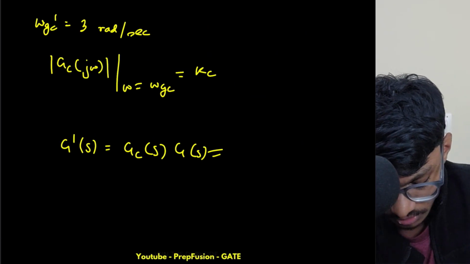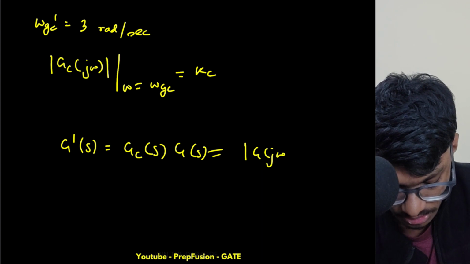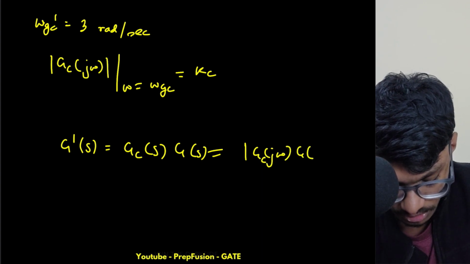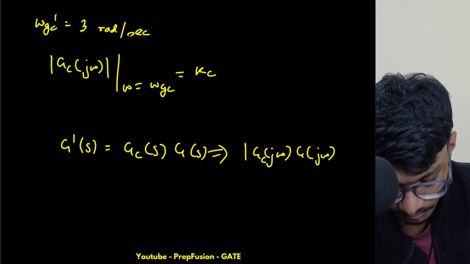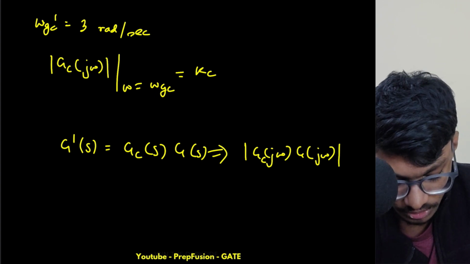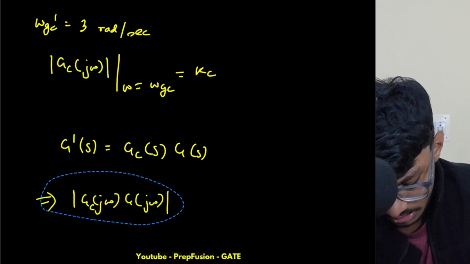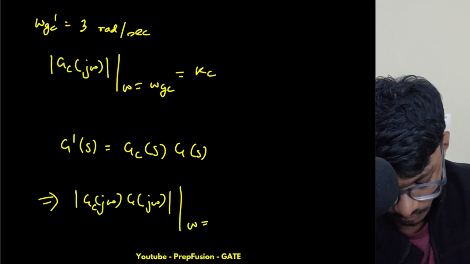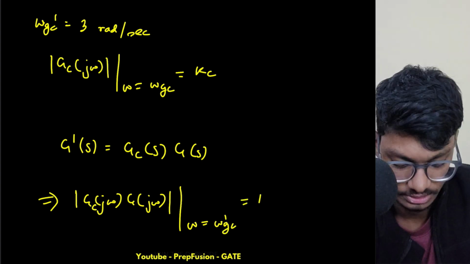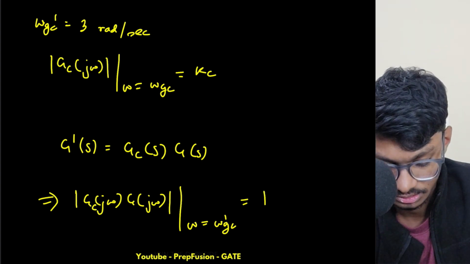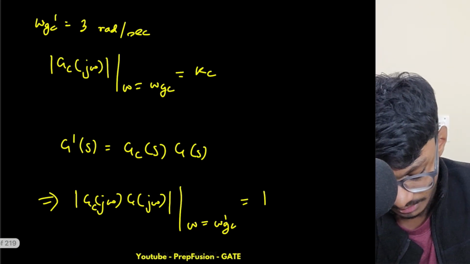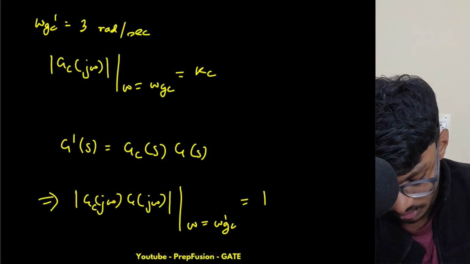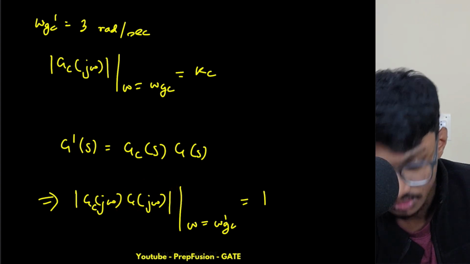Now what will be the magnitude? The magnitude of Gc of j omega into G of j omega at omega equals omega gc dash, the compensated gain crossover frequency, should be equal to 1, because that is the definition of gain crossover frequency: the frequency at which the gain of the OLTF becomes 1. So we know the magnitude of this is Kc, and the magnitude of this we have to find out.